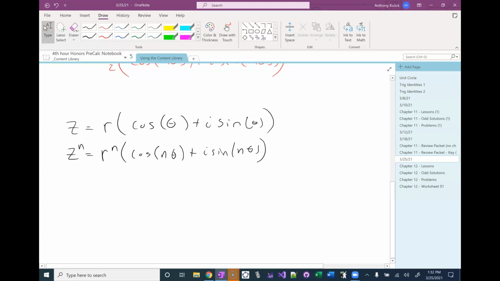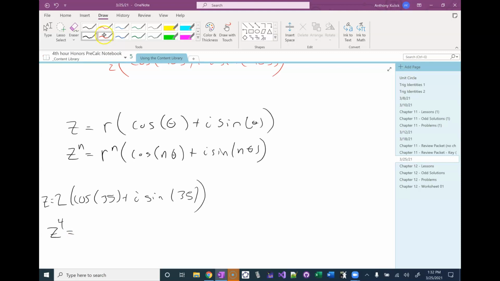2 cosine 35 plus i sine 35. Then n is 4. And it wants it in trigonometric form with theta between 0 and 360, but then convert to standard form after that.